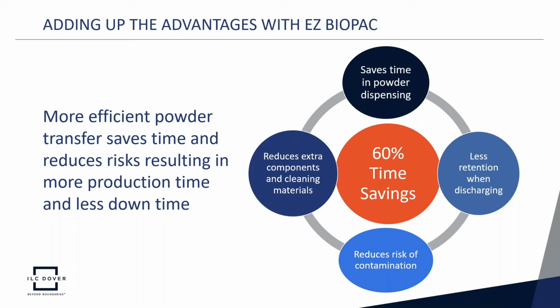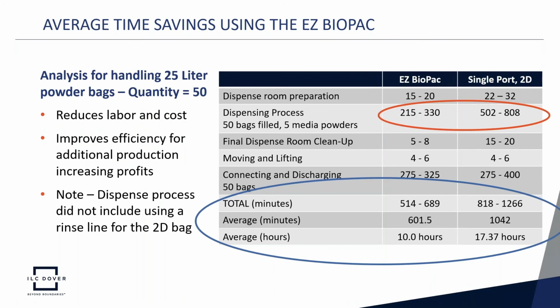And so you'll see we have a study that went through the entire process that'll show a 60% time savings when using a 3D EZ BioPac versus the 2-dimensional single-ported bag. So in this study, we went through the whole process. There's more detail behind the study, but I think it's pretty compelling when we look at the numbers.